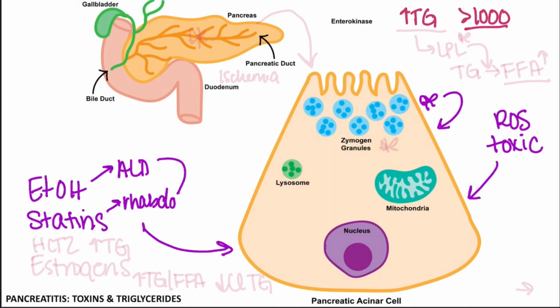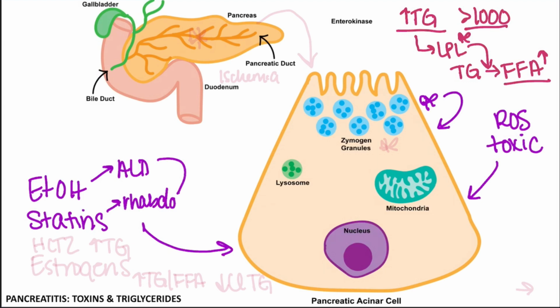Now, if you think back to the video on hyperlipidemia, remember lipoprotein lipase is an enzyme that's found in capillary lumens that hydrolyzes triglycerides to free fatty acids. Well, when these lipases act upon extremely high serum triglyceride levels in the blood, free fatty acids are released, and they can have toxic effects, especially at high levels.